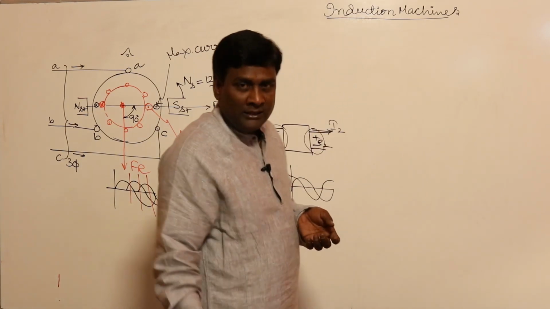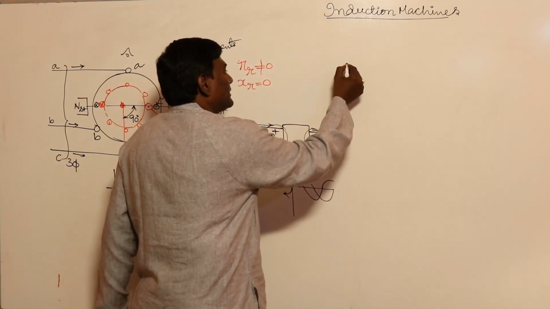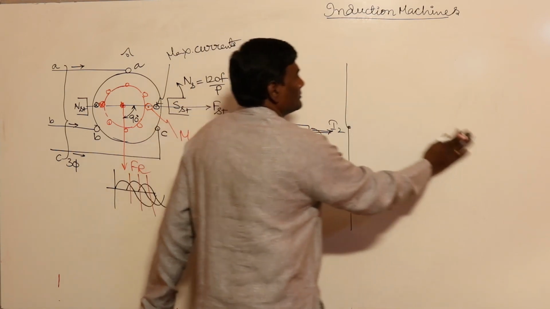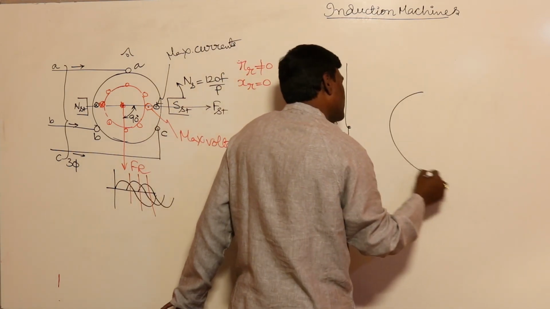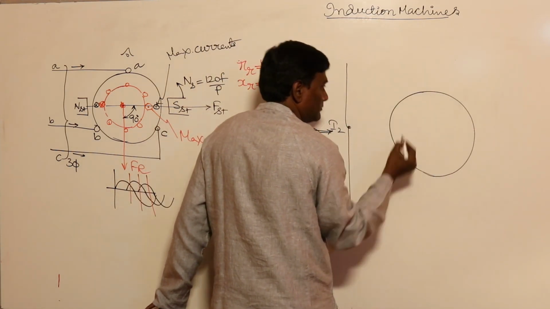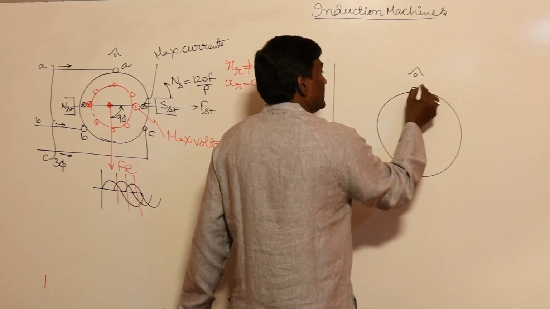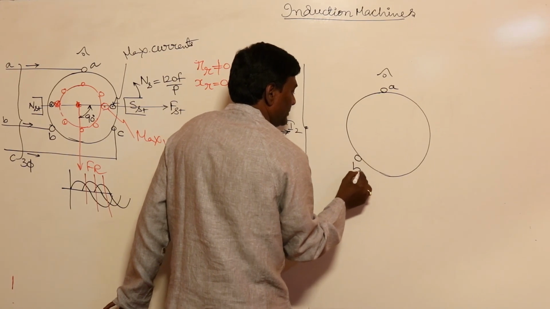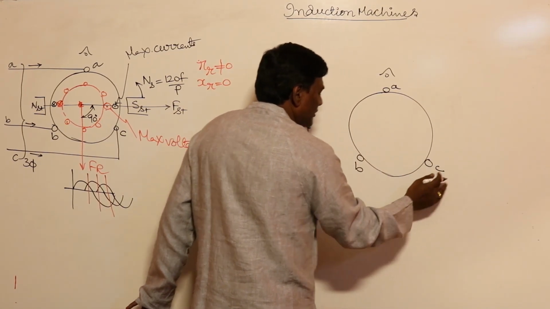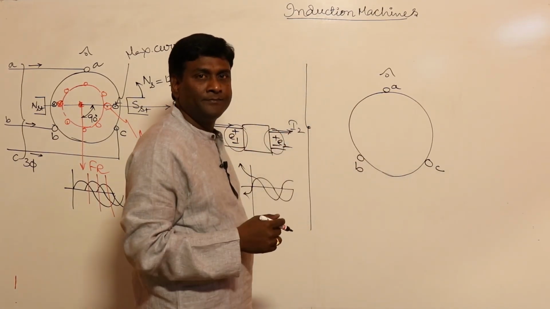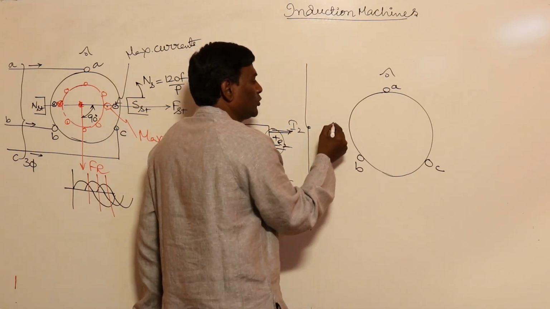Now let us see if it is having rotor reactance. I have taken here A, B, C. For these three, phases are connected. Stator is connected with the supply source.